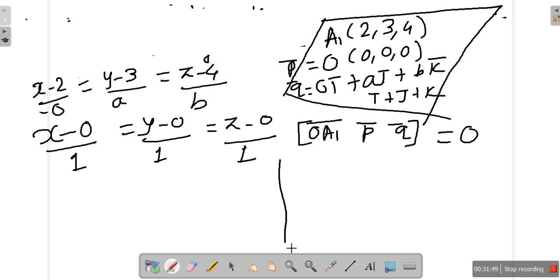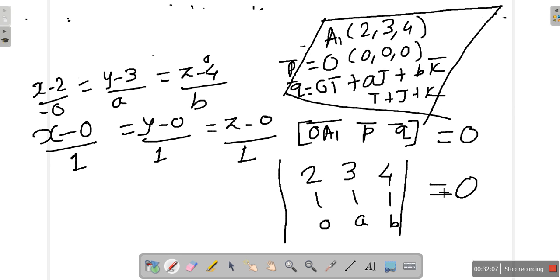Let us do that. OA1 will be obviously (2, 3, 4). Then we can have, order is not important, (1, 1, 1) and then (0, a, b) will be 0. Let us find now the equation.